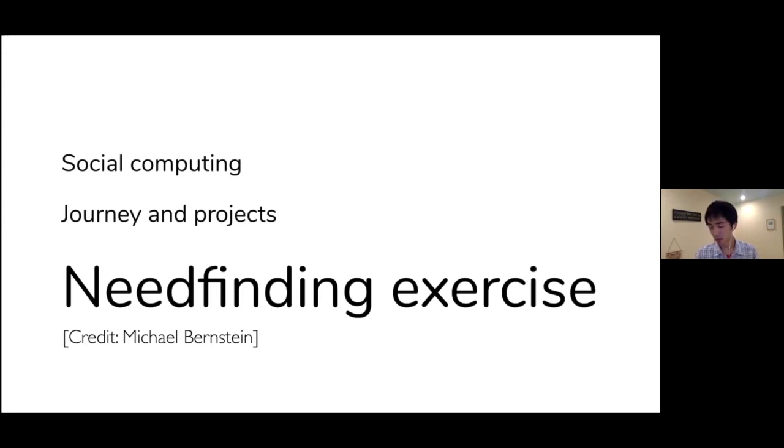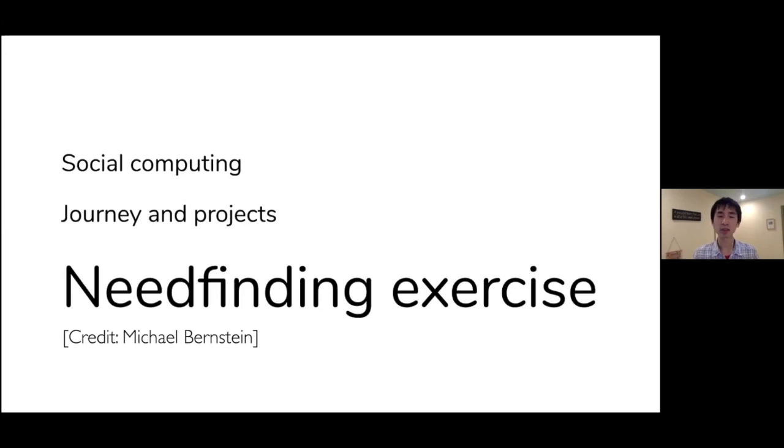But what's really, really important is being able to understand the complexity of human behavior and needs, and being able to understand how different types of social scientific theories are informing those needs.